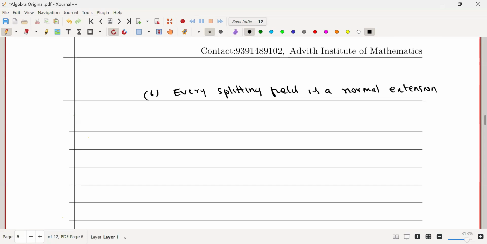And every quadratic extension, that means the degree of E over F is equal to 2, then it is called a quadratic extension. So every quadratic extension is a normal extension.